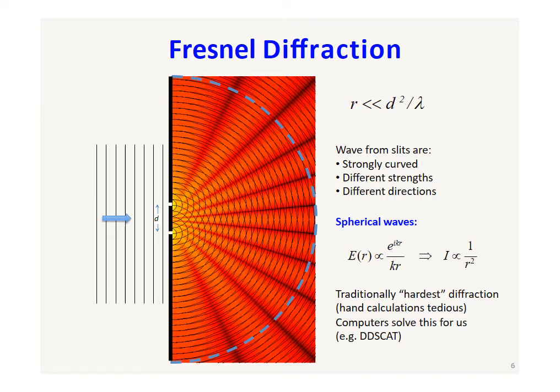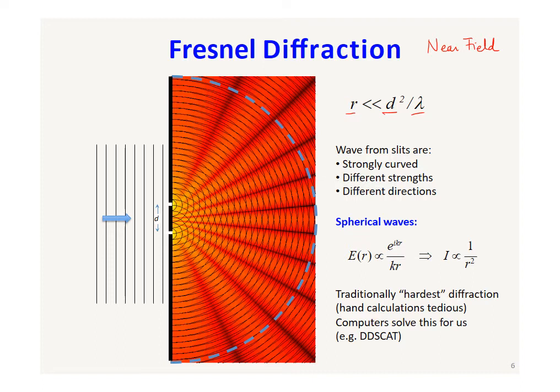Fresnel diffraction is also known as near-field diffraction. We need to take into account Fresnel diffraction when we are at a distance that is much, much less than the size of the object, in this case the distance between the two slits, squared divided by the wavelength of light.